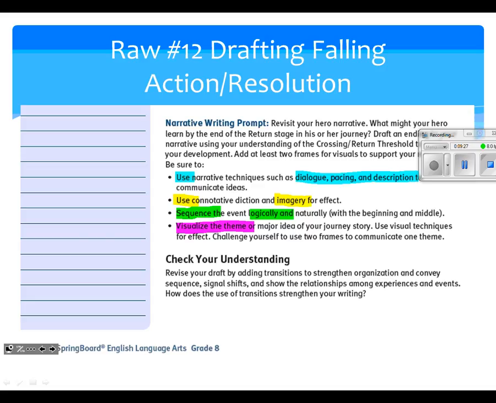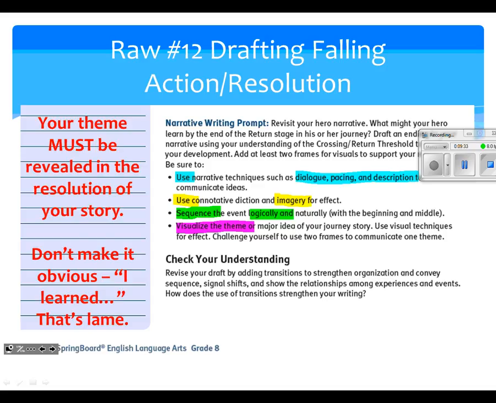Now, there is one remark about theme, or note, that I want you to write in the My Notes column. It's on the screen right now, and I'll talk you through it. The one thing that I really want you to make sure you have included is that your theme is revealed in the resolution. Now, I don't want it to be this cop-out, lame, obvious "I learned the power of love."